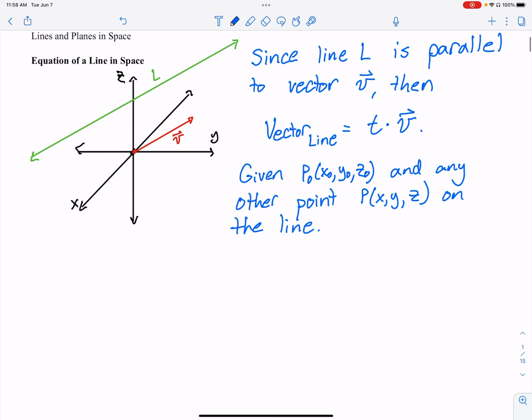Okay, so we have a P naught and a P that is on the line, and that means I can actually describe that vector.